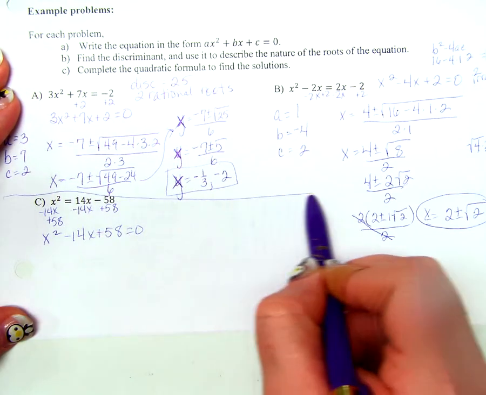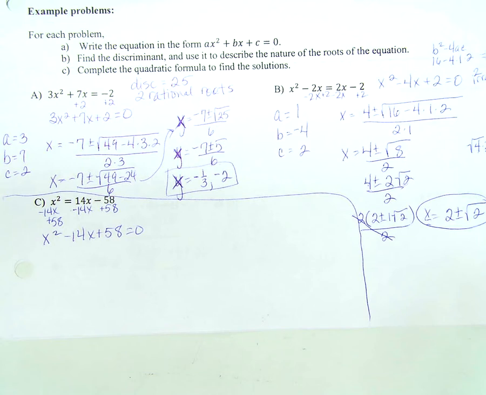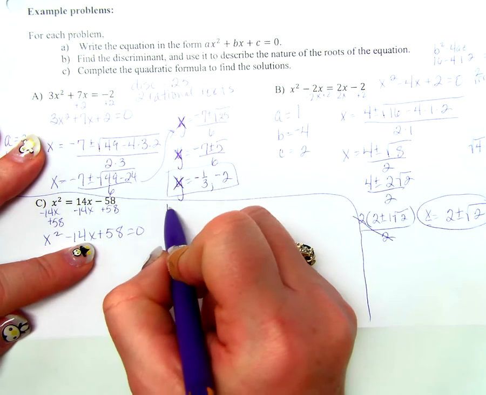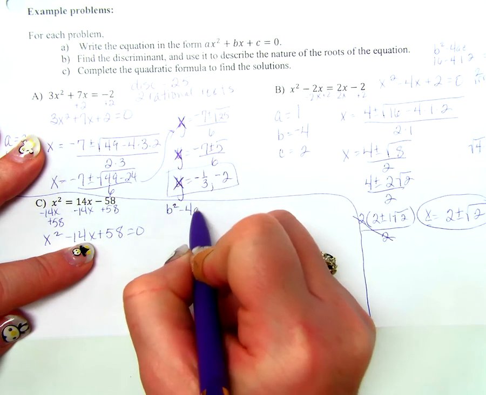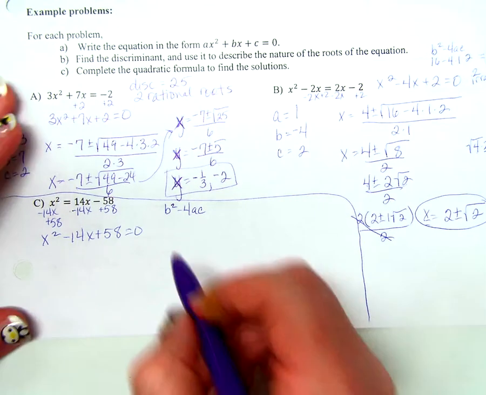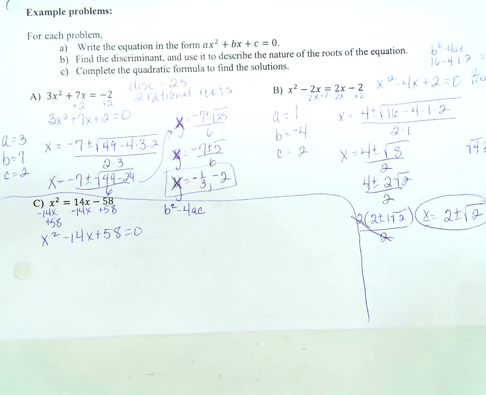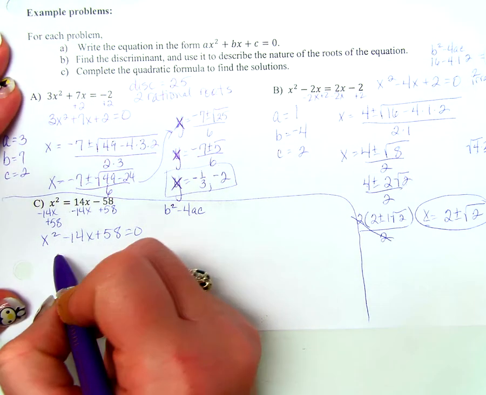I'm going to draw myself a line here so I don't get messed up. Let's find the discriminant. Okay? B squared minus 4ac. B squared is, sorry, negative 14 squared. Do you know what 14 squared is? I had to look it up. I couldn't remember off the top of my head.